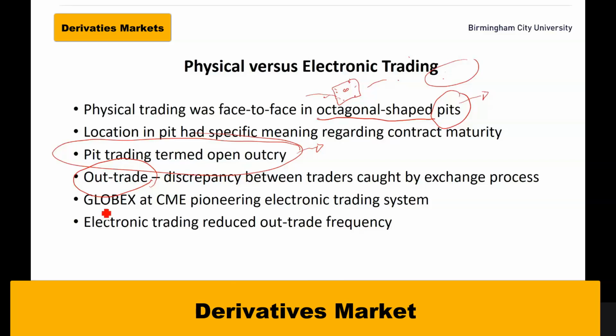As we discussed earlier, nowadays most of the trading takes place electronically through electronic trading platforms. This was the pioneering platform for electronic trading by the Chicago Mercantile Exchange.